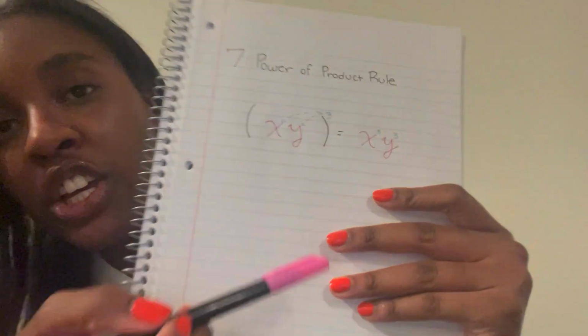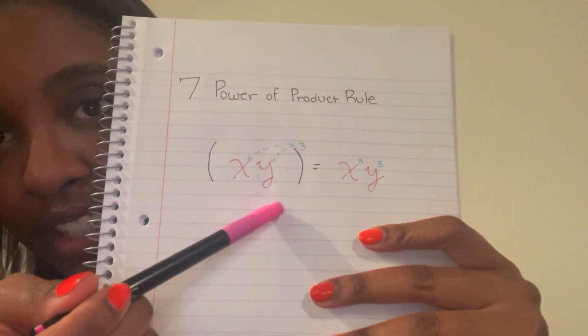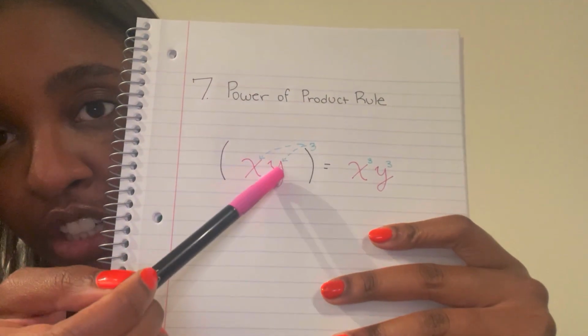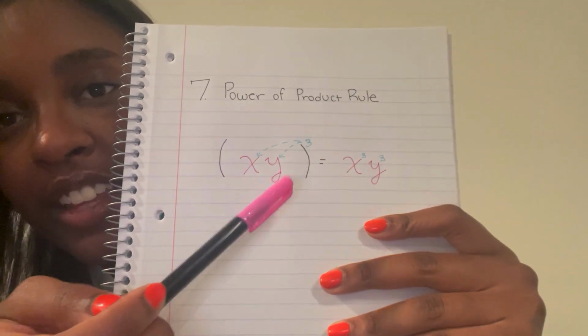Before I close out this lesson, I just want to make note of a few things. I used variables for a lot of these examples. If you were to plug in a number, you would still go through the exact same thing. So let's say this is 5 and this is 2.